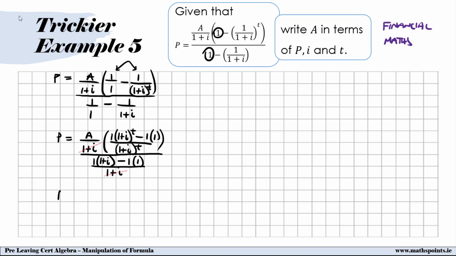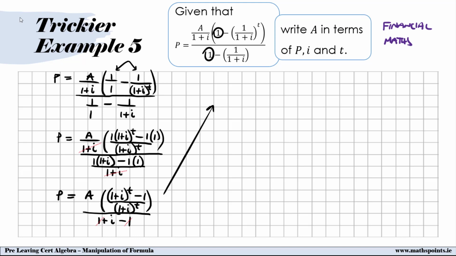So we now have P equals A on 1 plus I to the power of t minus 1 all over 1 plus I to the power of t. And on the bottom we have 1 plus I minus 1. And 1 minus 1 is 0, so we just have I now on the bottom.